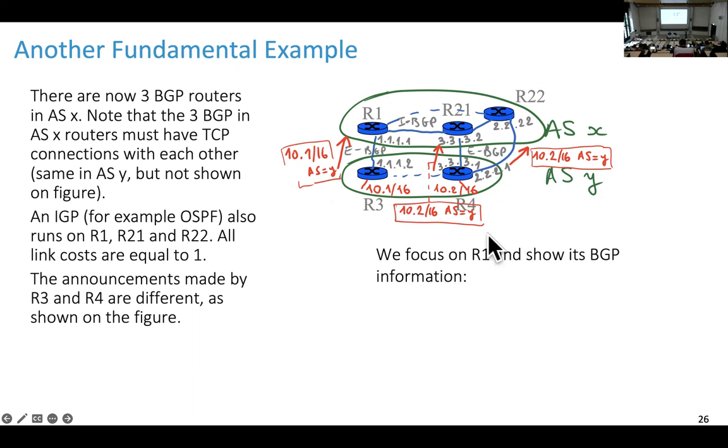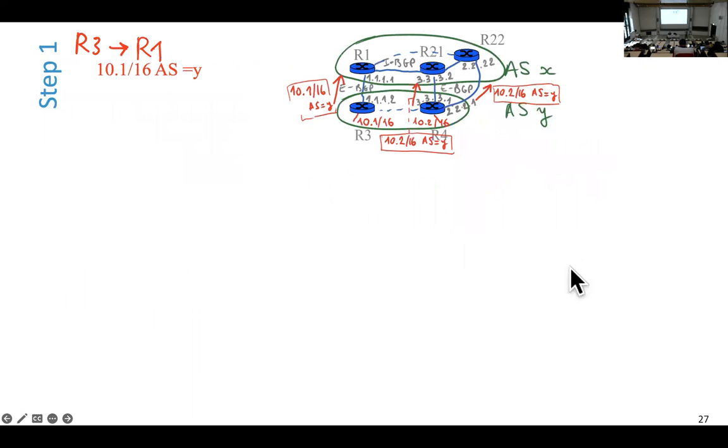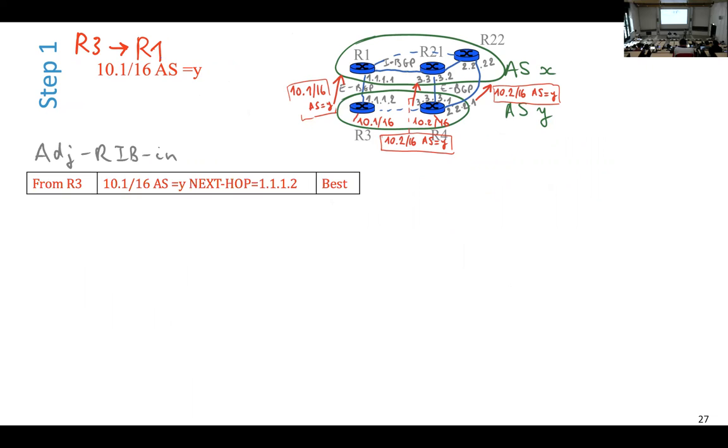Again, we will focus on R1 and we will look at this BGP information. Let's again assume that everything is fresh at R1. The first thing that R1 receives is a route from R3. This is a route to 10.1. Since that's the first thing that R1 receives, let us assume that it passes the import filter of R1.